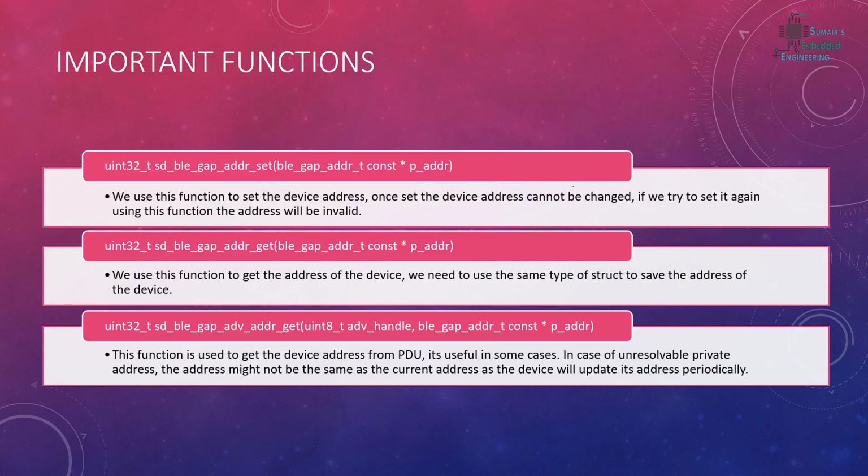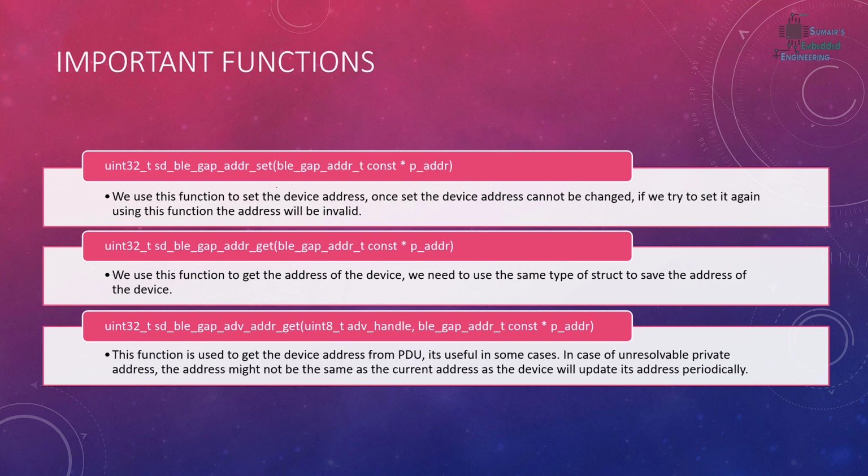So here are some useful functions that we will be using in our programming. Before going into the programming, I wanted to show you these functions which are really important, and there are some special cases in which we use different types of functions. The first function is the uint32_t return value sd_ble_gap_addr_set.